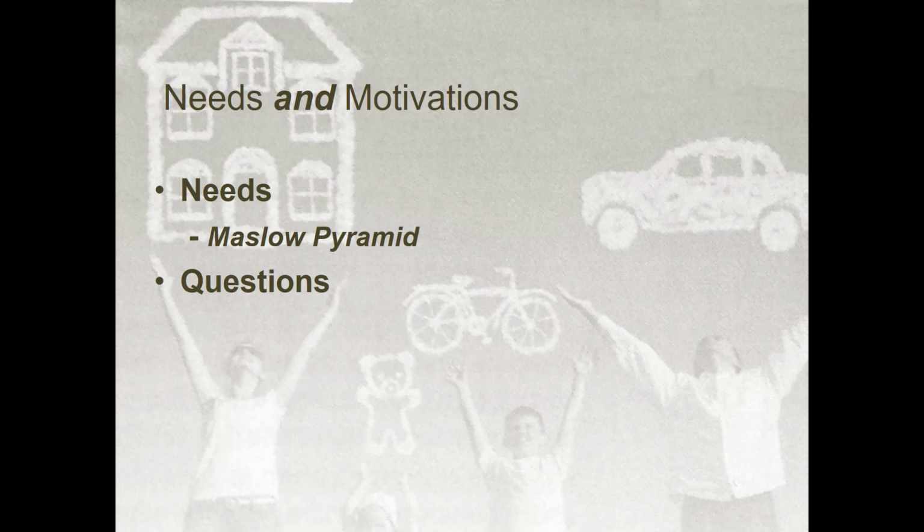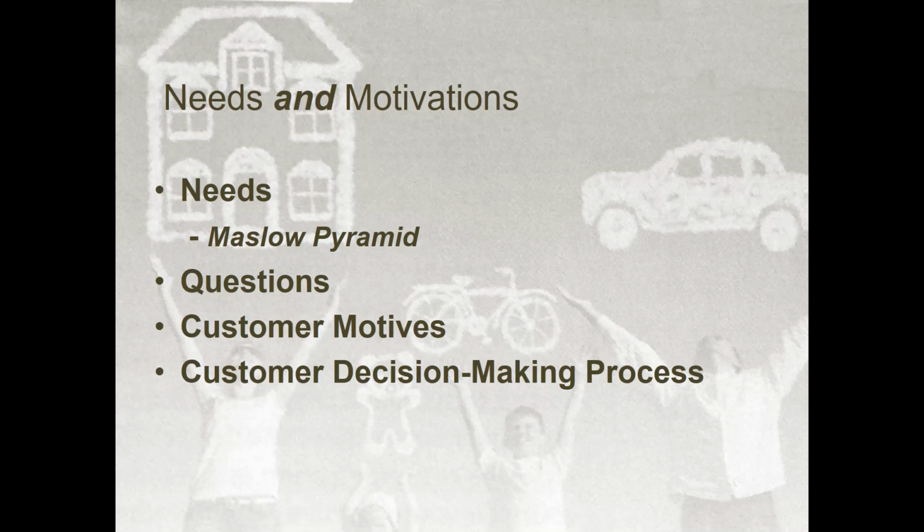We're going to look at needs and motivations. This is a shorter video than the first one on consumer behavior, but here is a listing of what we're going to look at in this video.